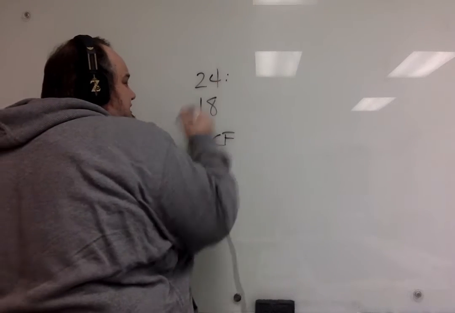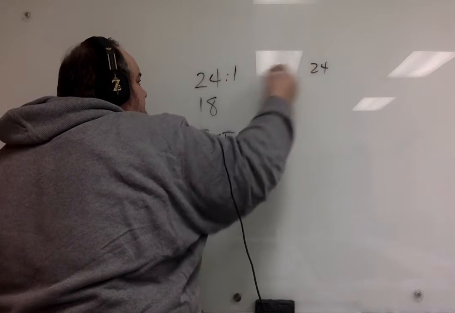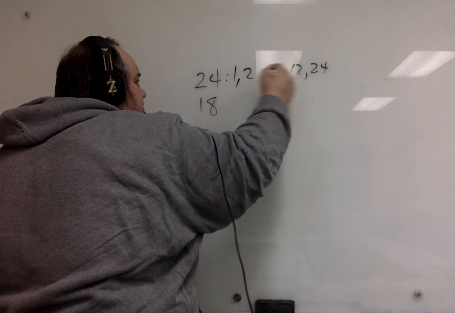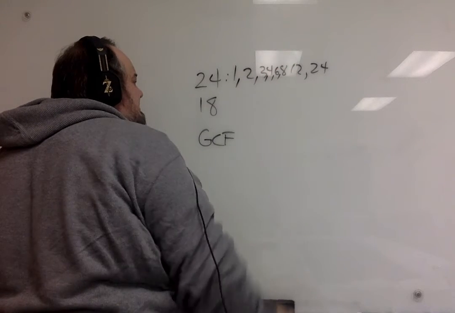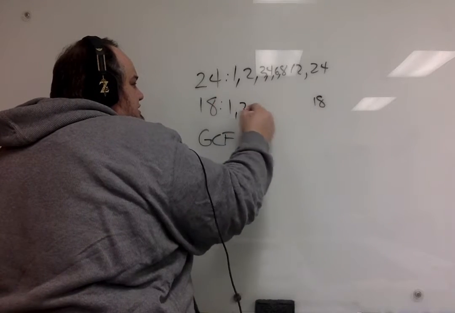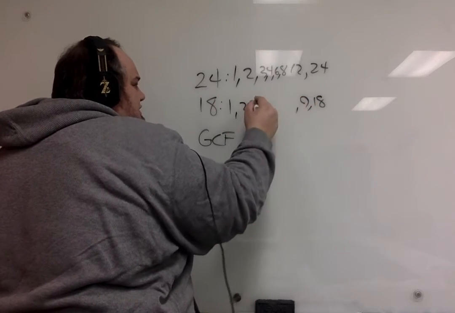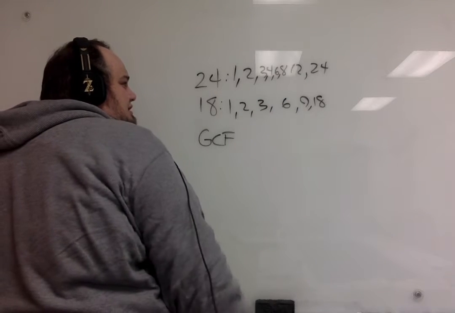So you could list all the different factors for 24, like 1 and 24, 2 and 12, 3 and 8, 4 and 6. And then for 18, you could do the same. 1 and 18, 2 and 9, 3 and 6. Then you see which of these are in common.